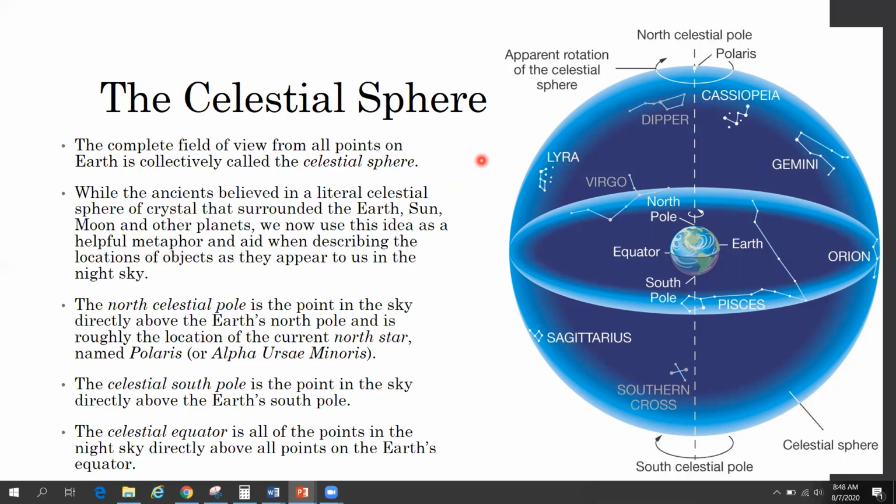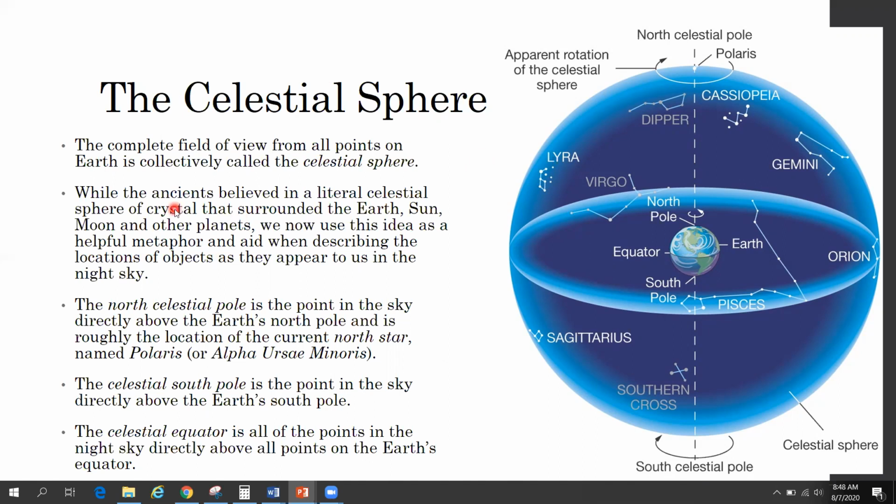Here in Grayson, you go all the way down to Antarctica, you go all the way over to somewhere in Asia, wherever, anywhere that the sky can be seen from Earth, all of those different views make up this idea of the celestial sphere. Now, in ancient times, the celestial sphere was actually thought of as a literal object or structure.